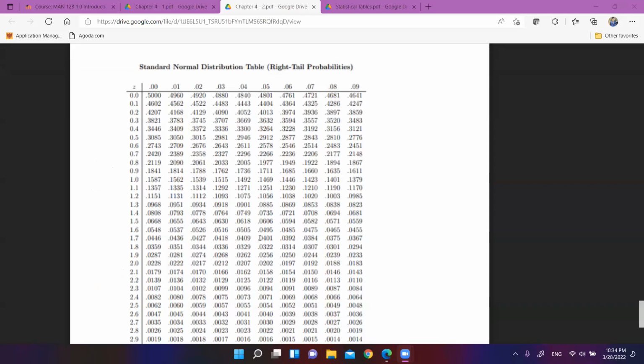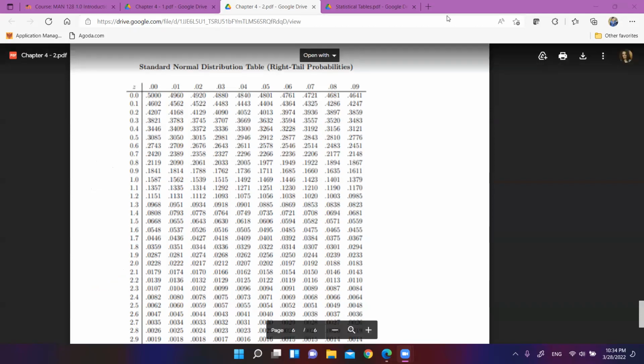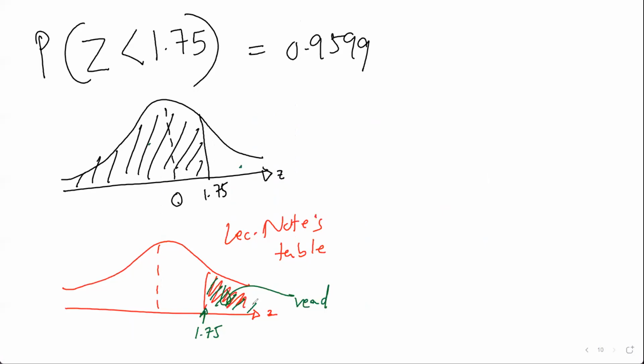1.75 is this one, 0.0401. But that is not the answer, because we are asked: is it less than 1.75? The lecture note table gives us is it greater than 1.75.